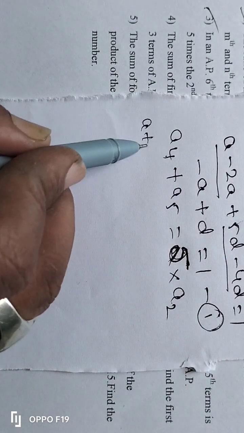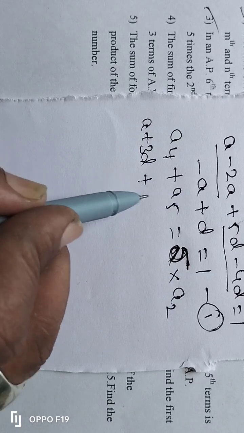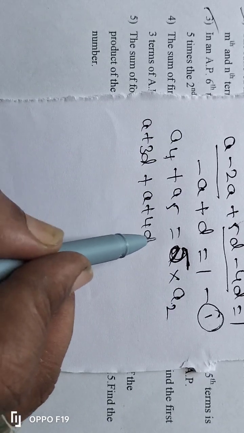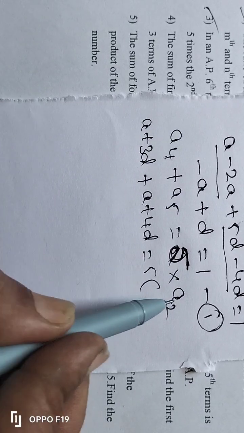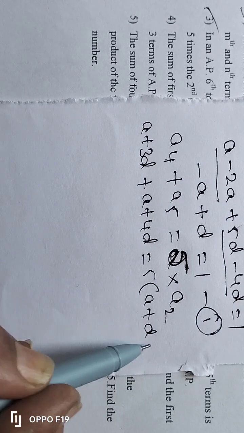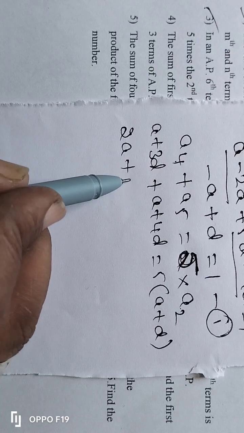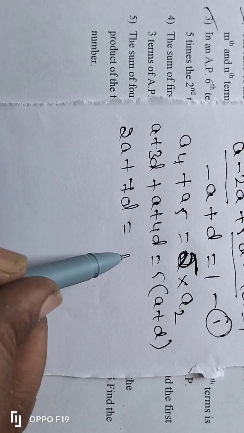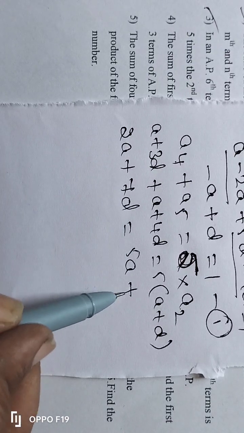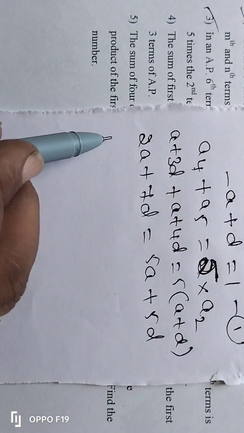A4 is A plus 3D, plus A5 is A plus 4D, is equal to 5 into A2, which is A plus D. So A plus A becomes 2A, 3D plus 4D becomes 7D, is equal to 5A plus 5D.